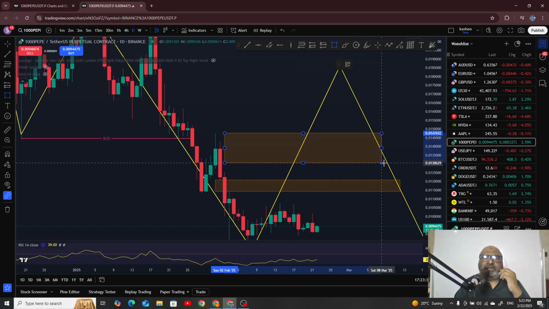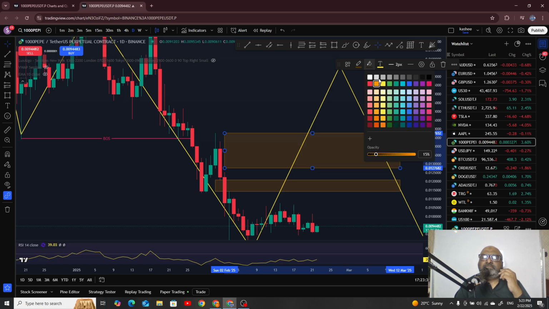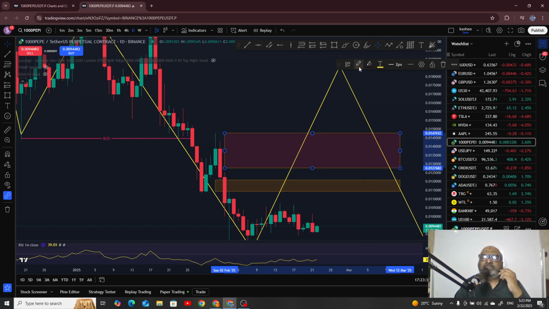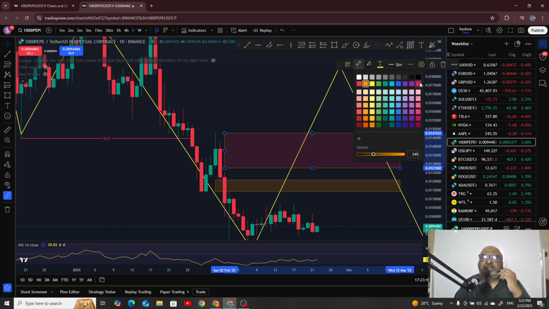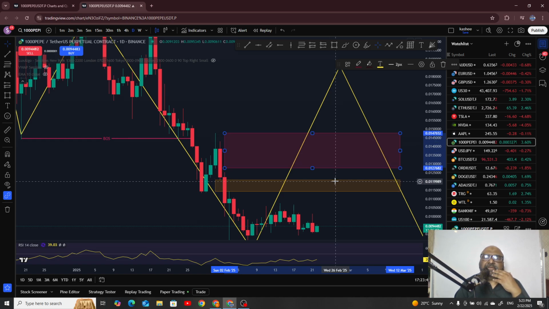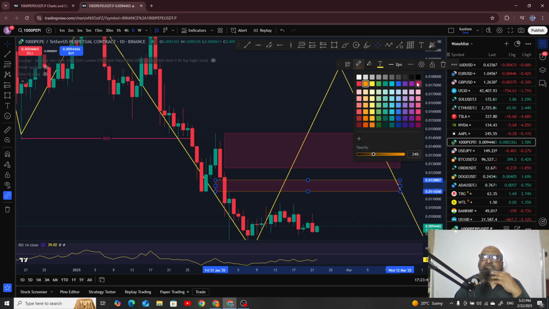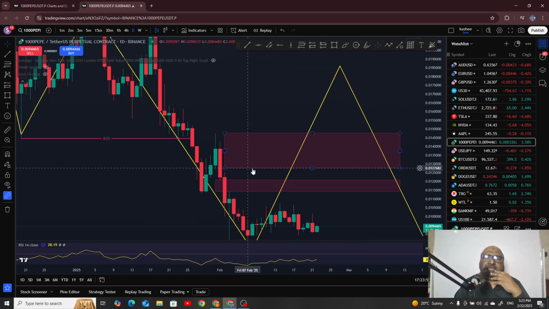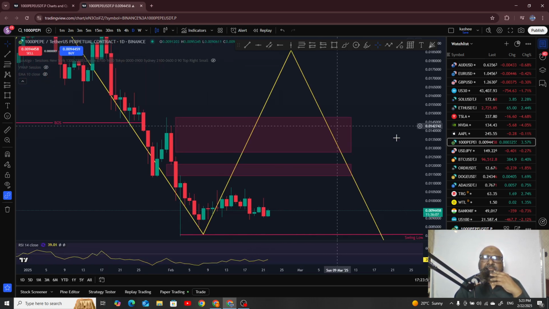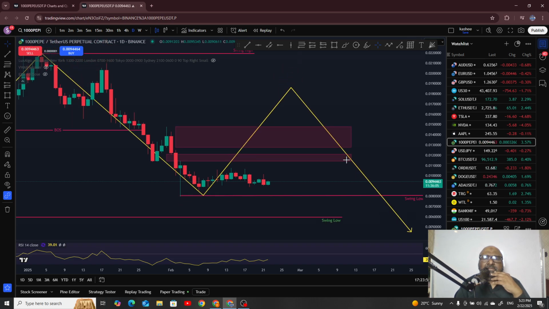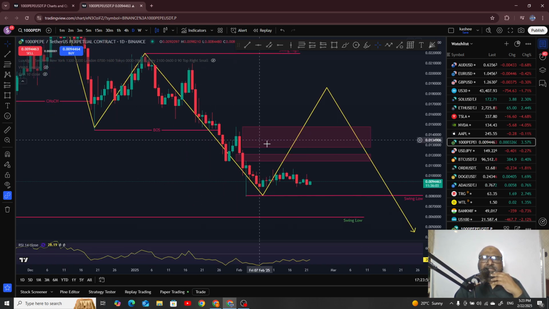There are sell orders lying here. I change the color for the daily time frame. Okay, so this becomes important. This region becomes important.